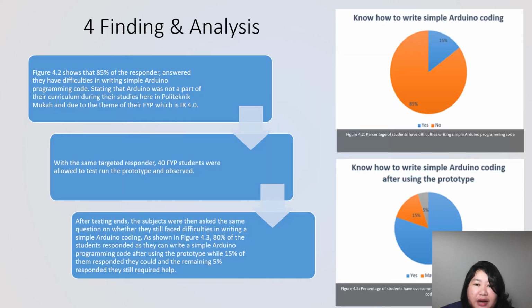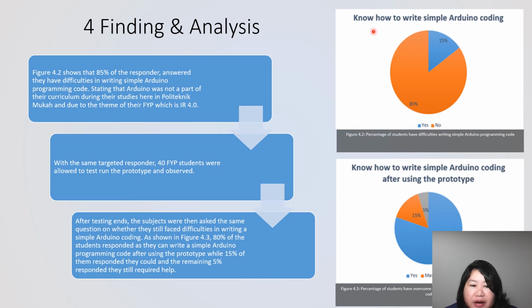Also in finding and analysis, this is the before and after we ran the intervention. Figure 4.2 here shows that 85% of students answered no when we asked them if they know how to write simple Arduino coding.